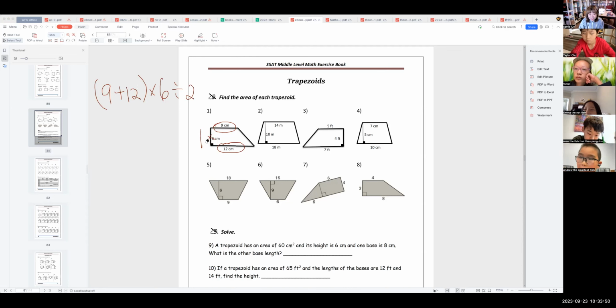Okay, so let's take a look at this one. Okay, so for this question, for number 1, everybody. So the first one, the upper line plus the bottom line times 6 divided by 2.